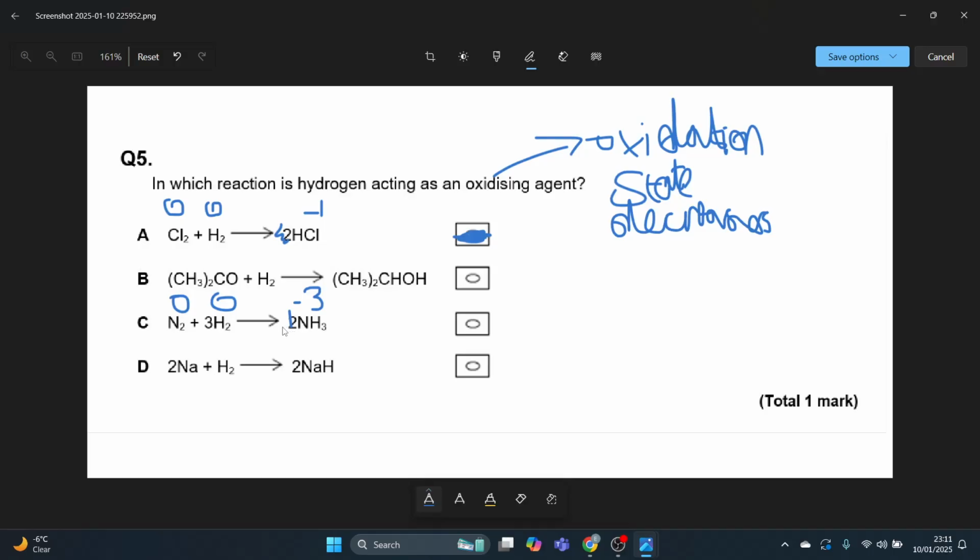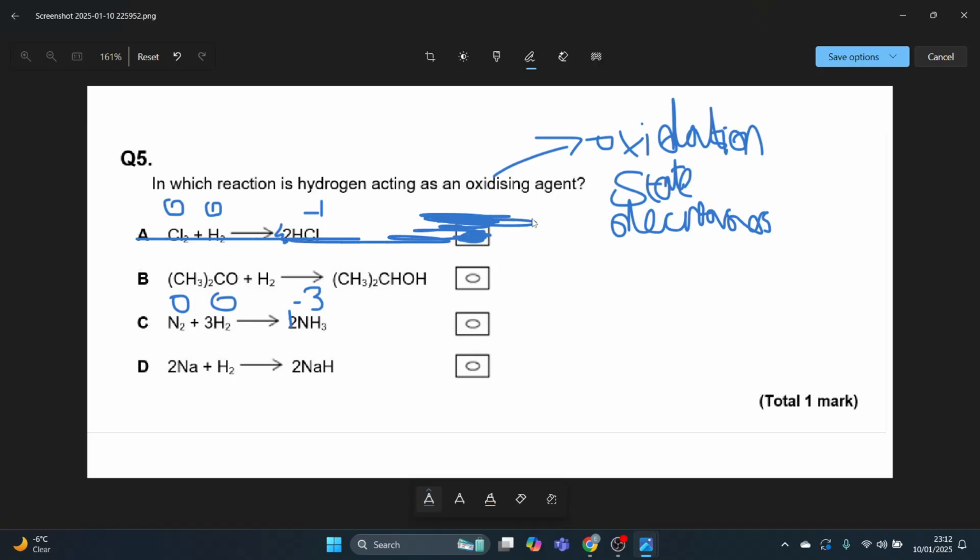Cl2 plus H2 gives 2HCl. Is hydrogen acting as an oxidizing agent? Oh, hydrogen actually acts as a reducing agent in this case, not as an oxidizing agent.